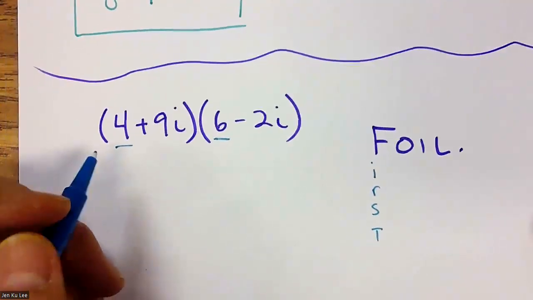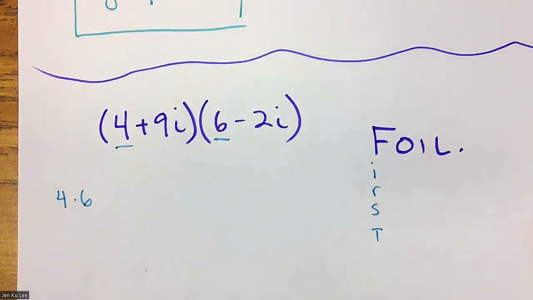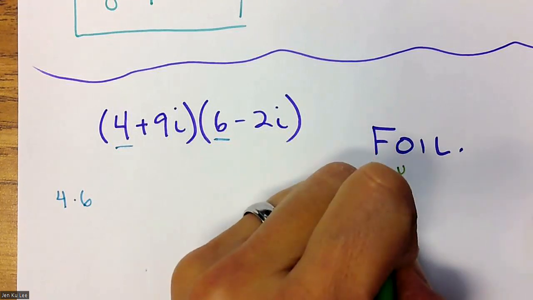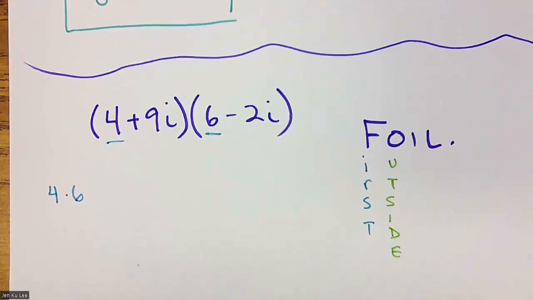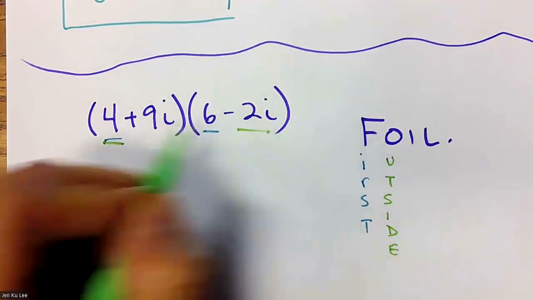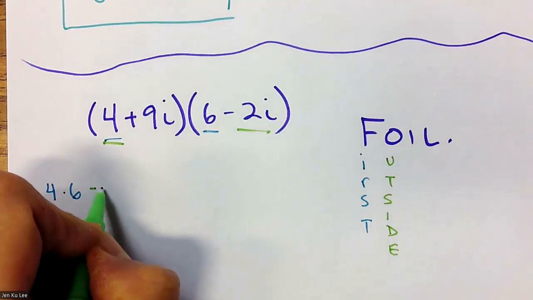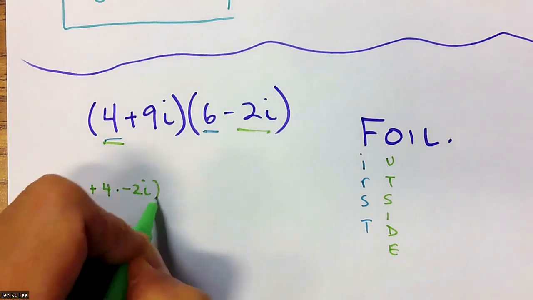The O in FOIL is outside or outer. So I'm going to go 4 times negative 2i. So just go plus 4 times negative 2i.